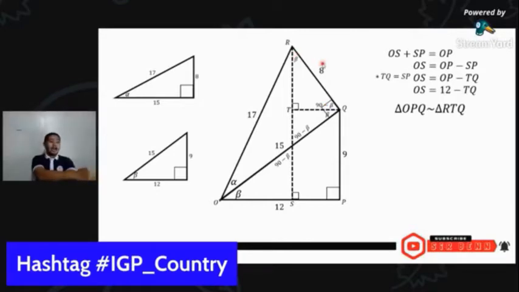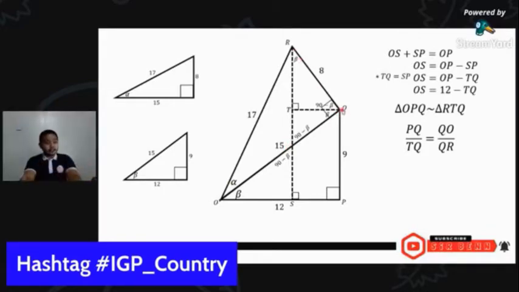So in that case, I showed you that triangle OPQ is similar to triangle RTQ. Since they are similar, their corresponding sides are proportional. So PQ over TQ is equal to QO over QR. PQ, where is PQ? This one. PQ over TQ is equal to QO, the hypotenuse, over QR, the hypotenuse of the smaller triangle.